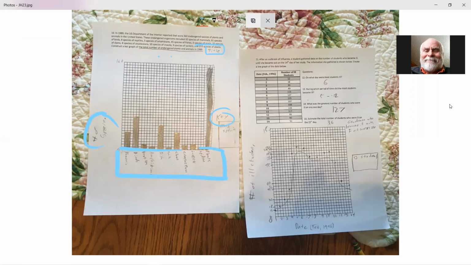And if you can't see the line, it kind of comes along like this. And we've got number of ill students, so we've got our y-axis. Time is on the bottom as an x-axis.